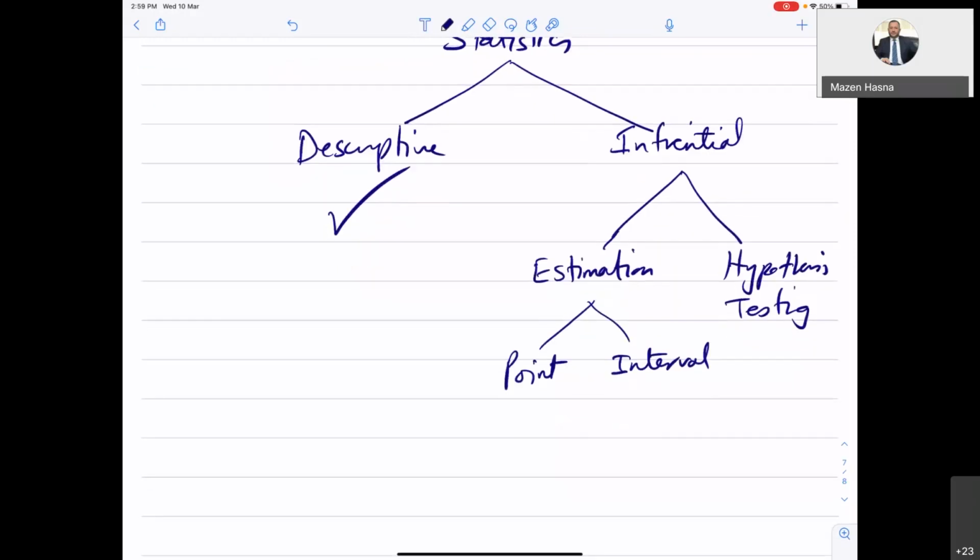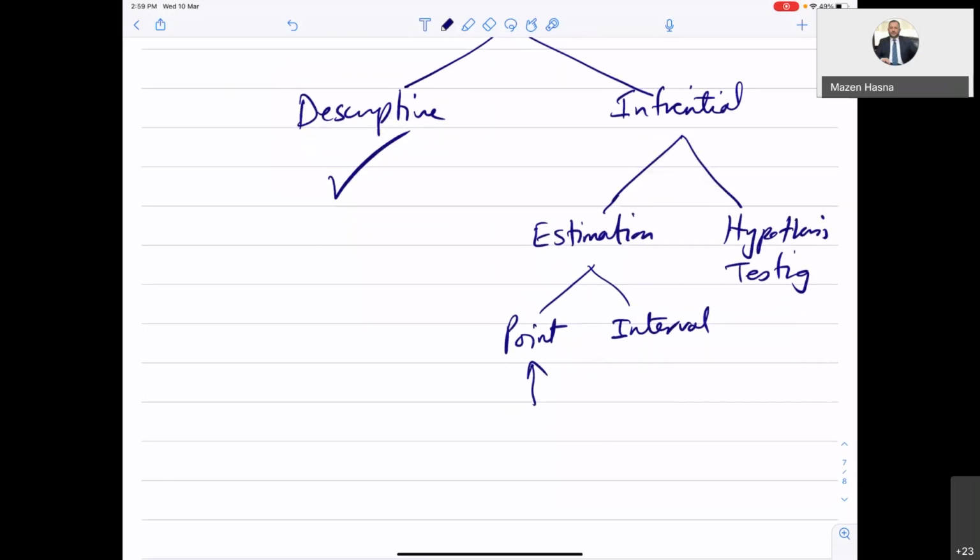So the next lecture, the lecture after the break, we'll start talking about point estimation, where we learn, when you collect your samples, why are the samples random? What is the distribution of the samples that you are collecting from a population, and what will be the best way to estimate certain parameters of the distribution.